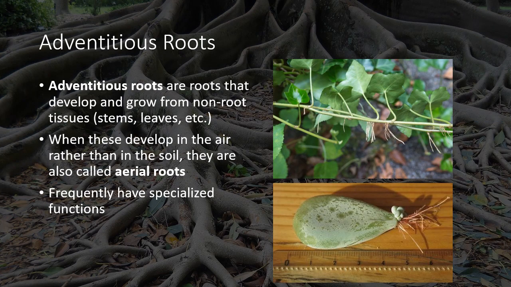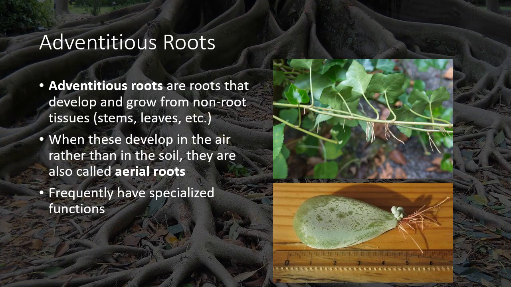Adventitious roots can be either taproots or fibrous roots. The important thing is that adventitious roots are roots which develop and grow from non-root tissues. So for example, when we see roots growing out of a stem, or when we see roots growing out of a leaf, those are adventitious roots.